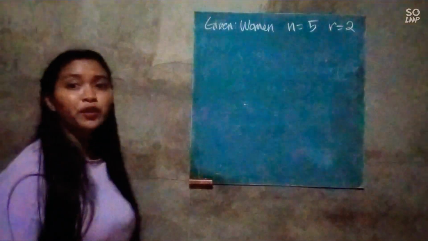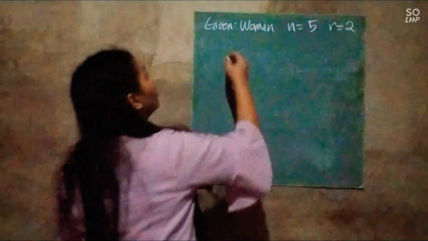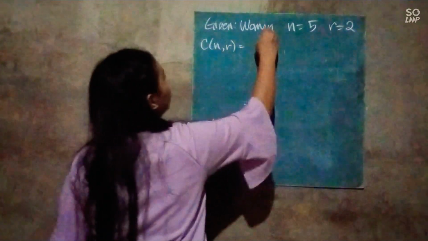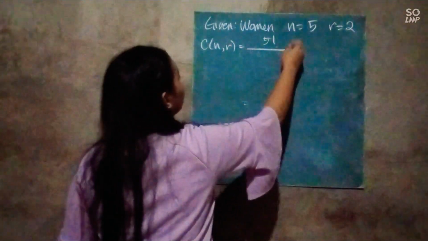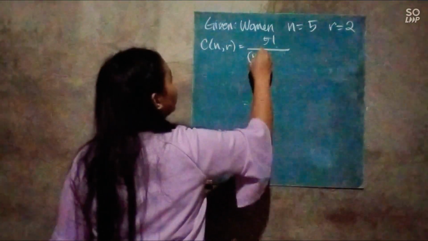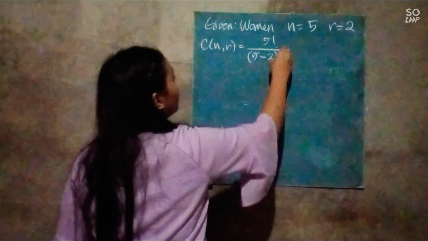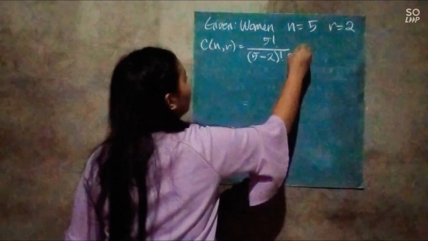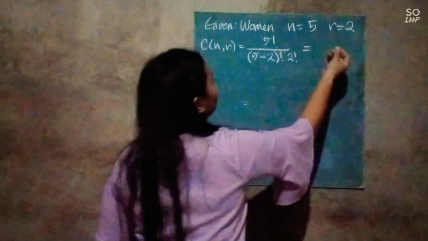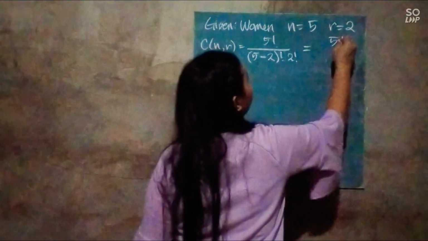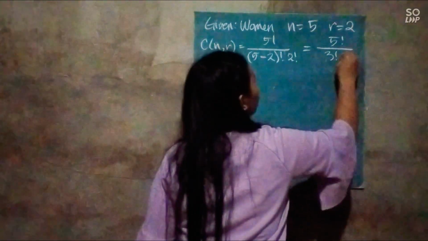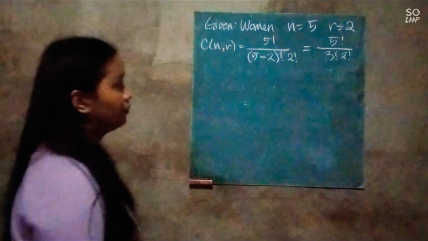So using the formula of combination, we have 5 factorial all over 5 minus 2 factorial times 2 factorial. So subtract this one. So 5 factorial all over 3 factorial times 2 factorial.